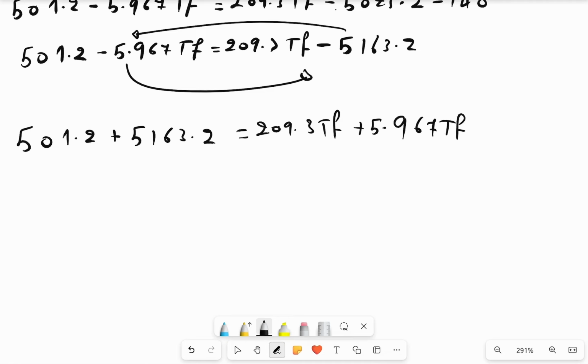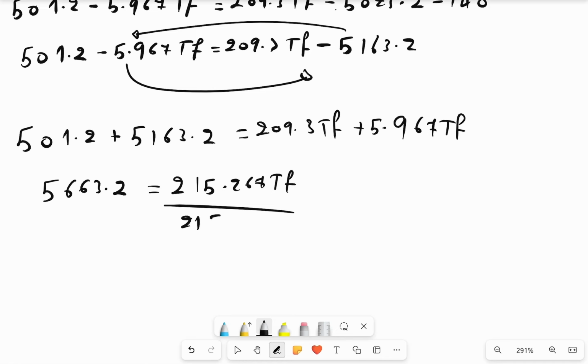Nothing is remained, just adding them together. So we have 5,664.4 is equal to 215.267 T final.